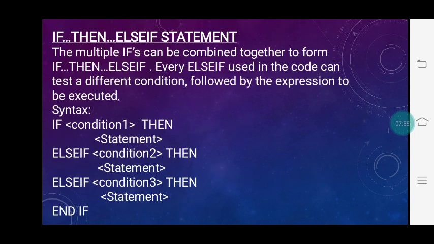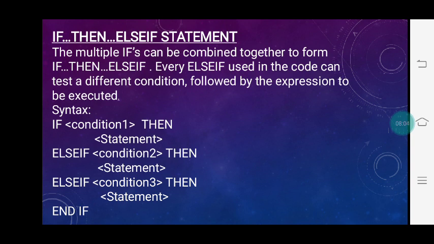Next one is the if then else if statement. Here multiple ifs can be combined together to form if then else if. Every else if used in the code can test a different condition, followed by the expression to be executed.